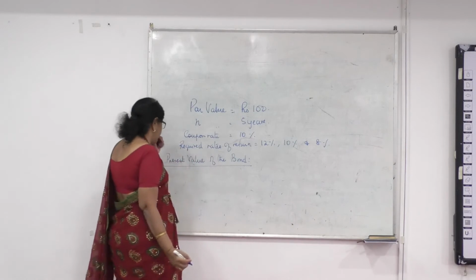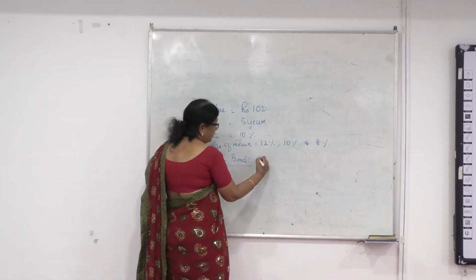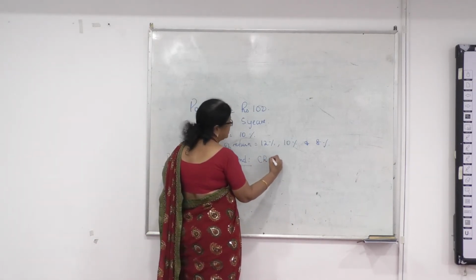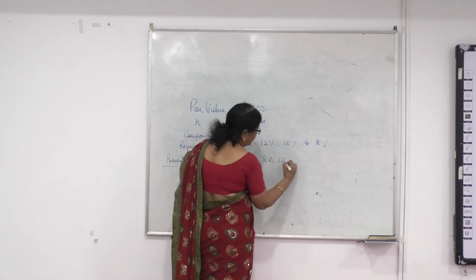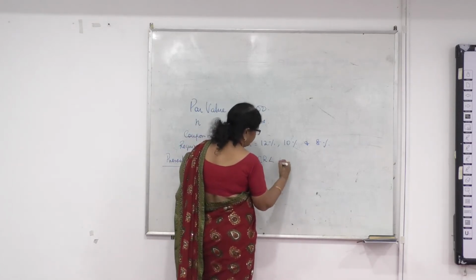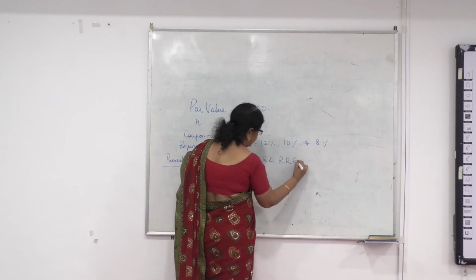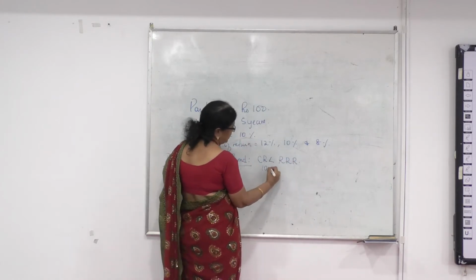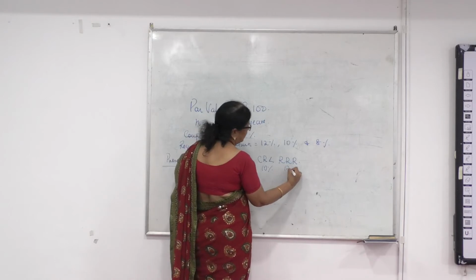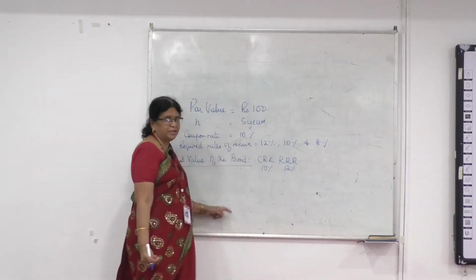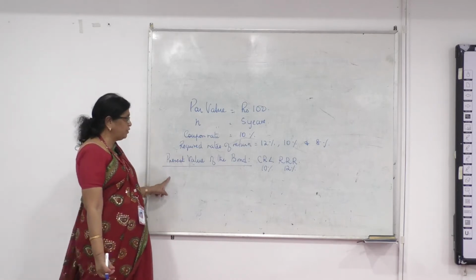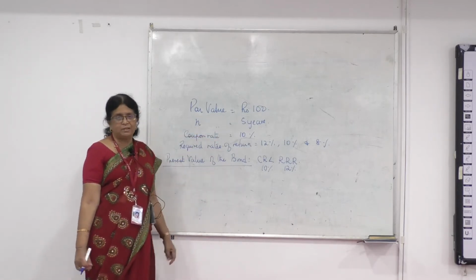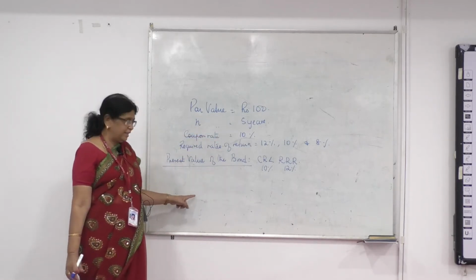So I take the first situation where the coupon rate is lesser than the required rate of return. For example, the coupon rate is only 10%, but my required rate of return is 12%. Now I will be able to prove to you that as an investor, I will not be willing to pay this 100 rupees, but I will be willing to pay only lesser.